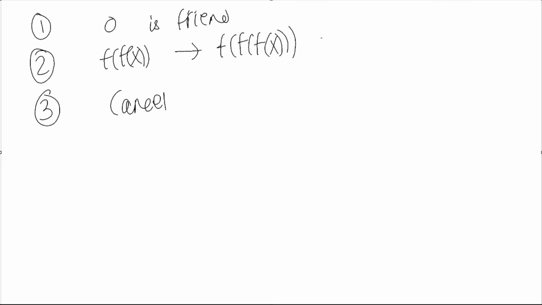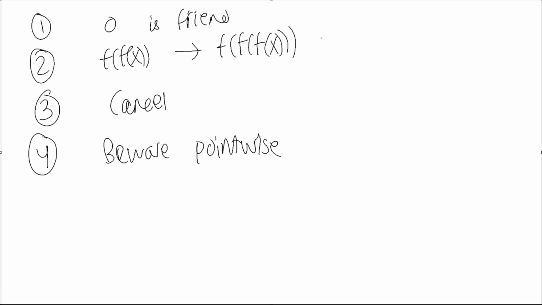Because by canceling terms, we can end up reducing the total number of terms and hopefully get something much easier to work with. Just like how we did to get f of x squared is x squared f of x. Then the fourth thing is to beware the pointwise trap. And even though you may know about the pointwise trap, that doesn't mean you're entirely immune to it.